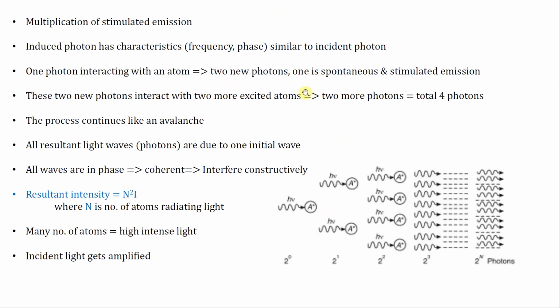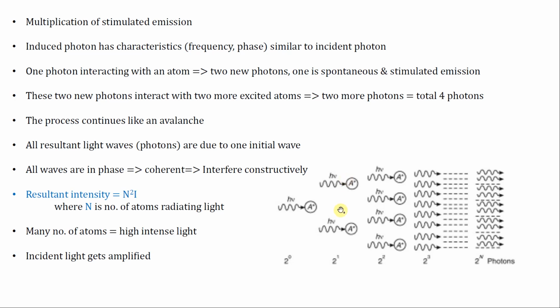Now let's see what happens when stimulated emission takes place. You have one incident photon, a triggering photon, interacting with one atom here, and it produces one spontaneous photon and a stimulated photon.